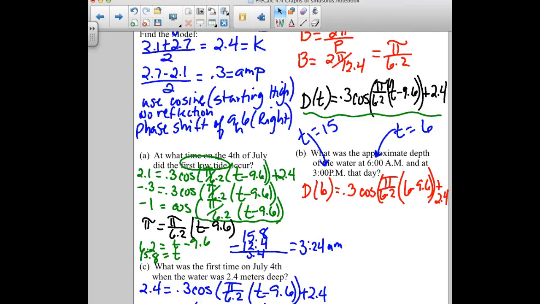Okay. What are we getting? Should be 2 point something, right? Because we're bouncing between 2.1 and 2.7. So at any time during the day, we need to be somewhere in between those numbers. What are we getting?